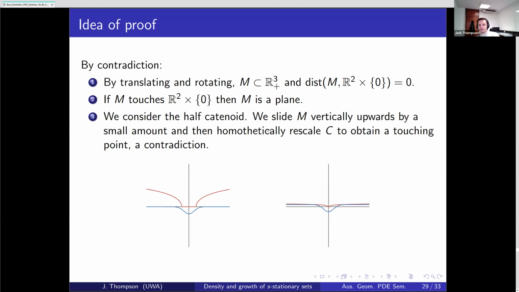And then I can homothetically rescale the catenoid to obtain a touching point. Okay. And then this touching point gives a contradiction, again, by the strong maximum principle. Okay, so this was the proof of Hoffman and Meeks.